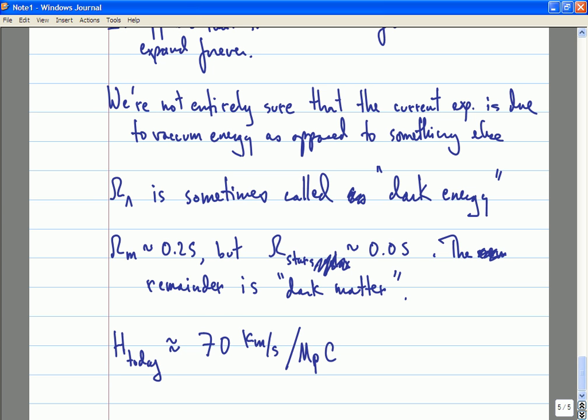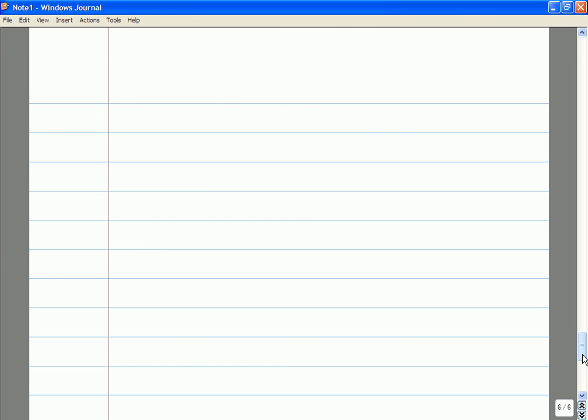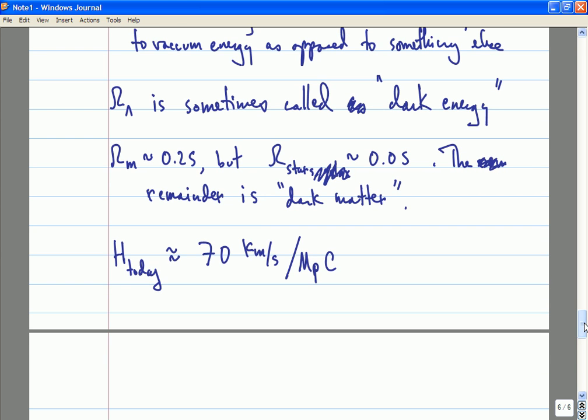For cosmological reasons, people sometimes refer to H not as the Hubble parameter, but as the Hubble constant. That's unfortunate because, as you have learned, it is not a constant unless you are in de Sitter space. But people sometimes use that phrase. If I were to rewrite this using different units, H inverse is around 10 billion years, or 10 to the 17 seconds.